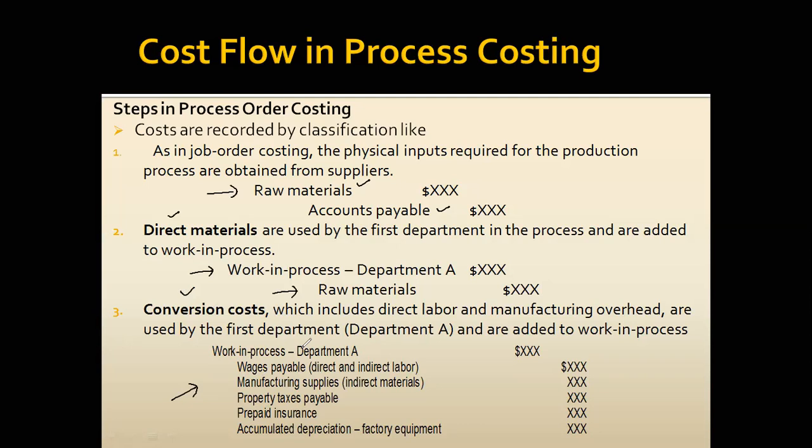Remember, in previous units, we already discussed the formula: conversion cost is equal to direct labor plus manufacturing overhead. So a combined entry will be recorded for the conversion cost here.